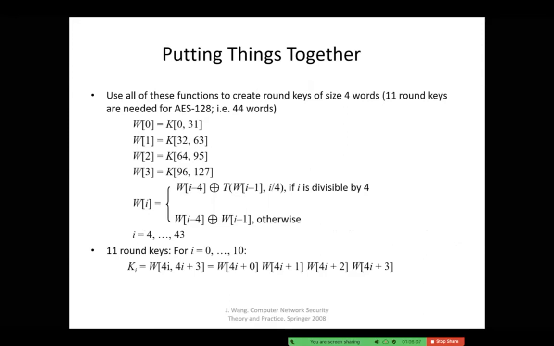Our key is 128 bits long, so we can divide it into 4 segments of 32 bits each: the first 32 bits is the first segment, then the second 32 bits, the third, and the fourth.